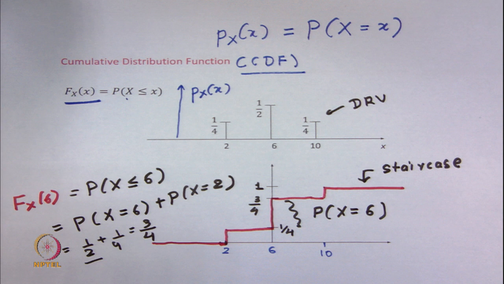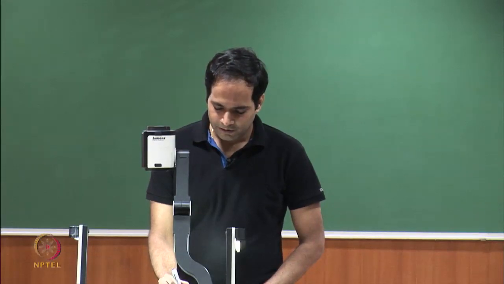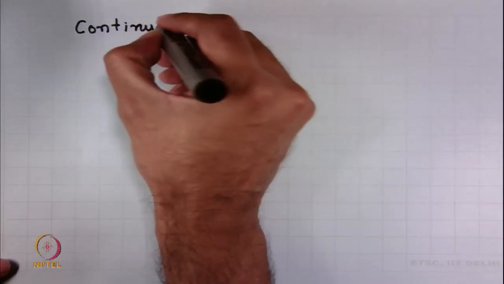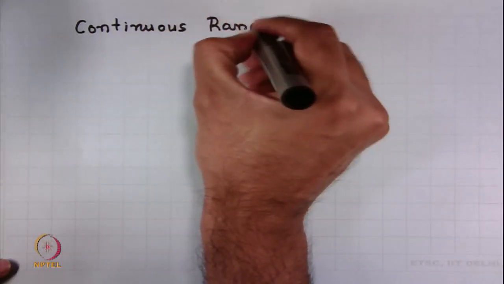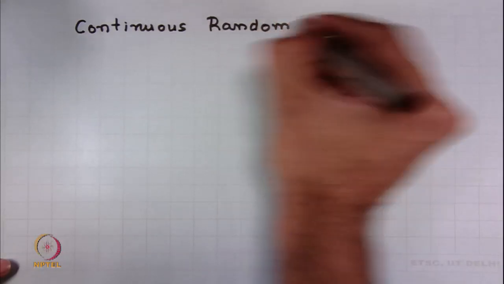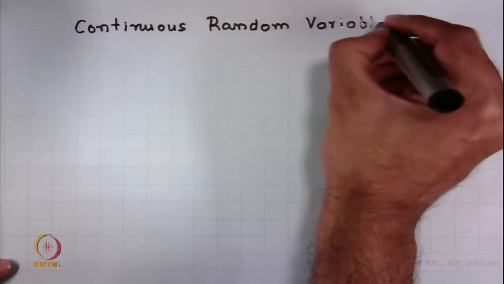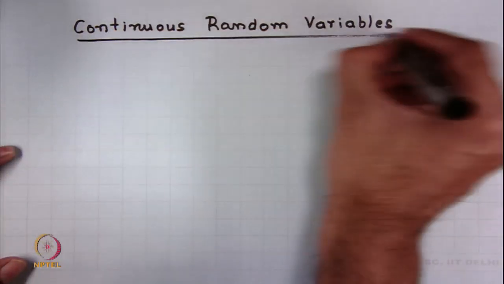So, we have almost finished everything about discrete random variables, and then we would like to talk about continuous random variables. So, now let us start looking at continuous random variables, and let us see what they are.